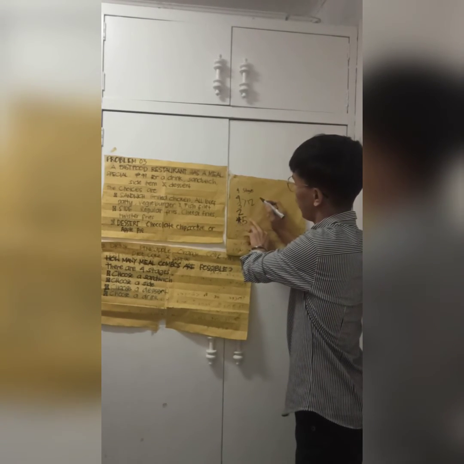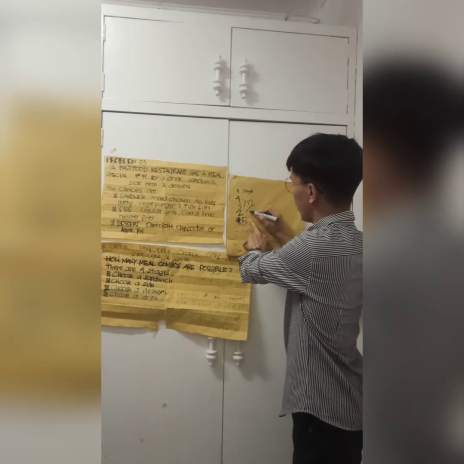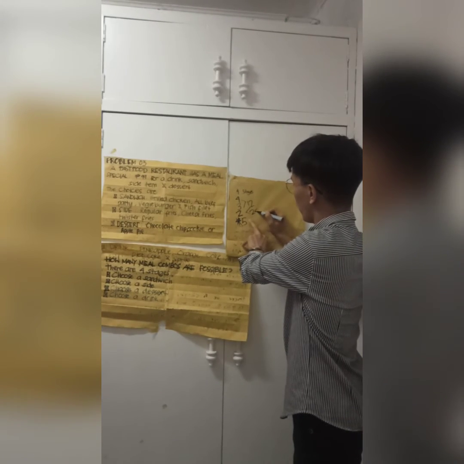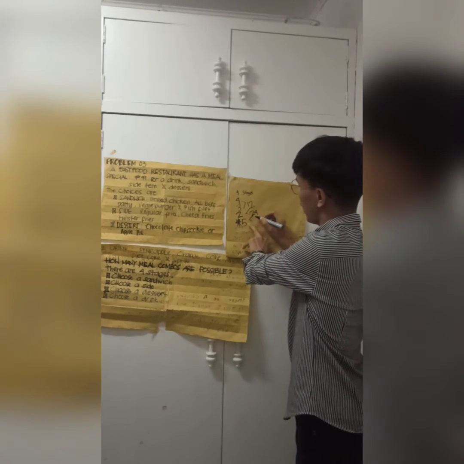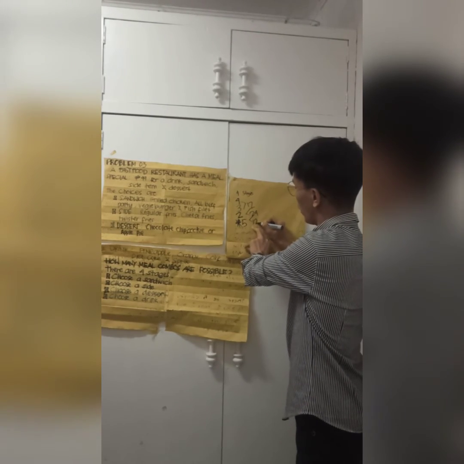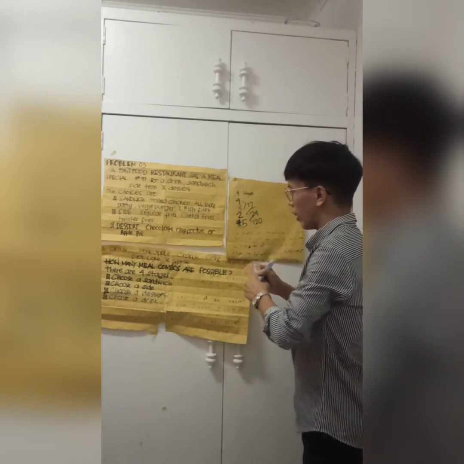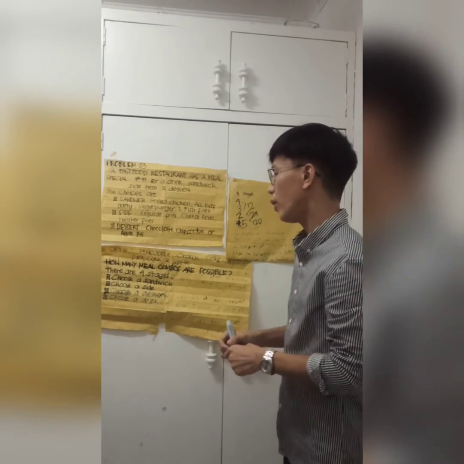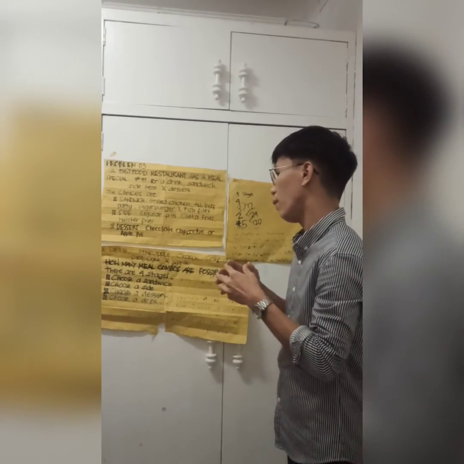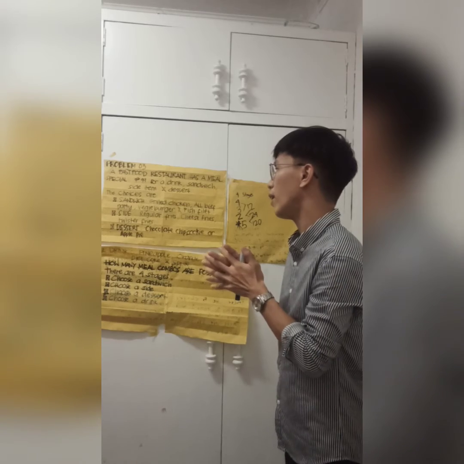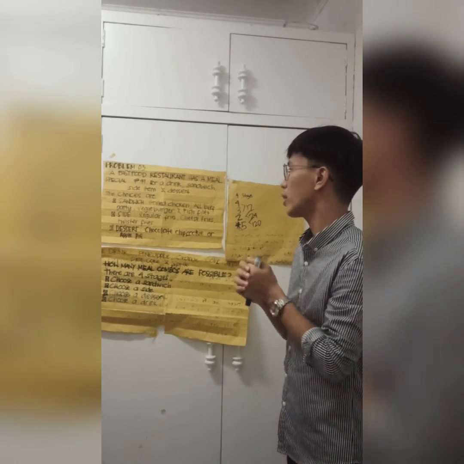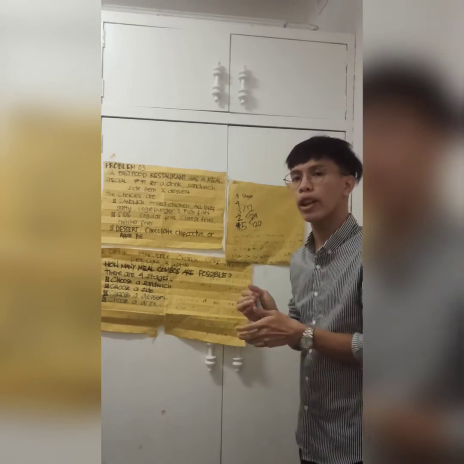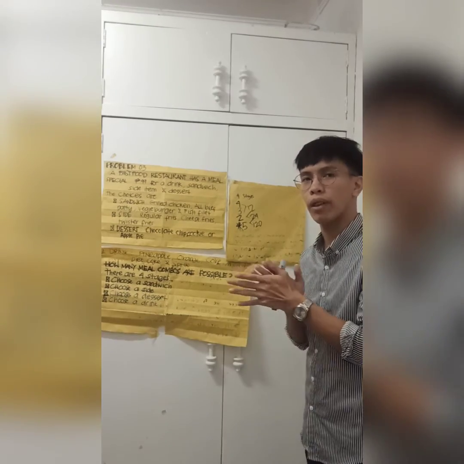Then 12 times 2 is 24. Now 24 times 5 would be 120. Now, we have 120 possible special meals for our fast food restaurant.